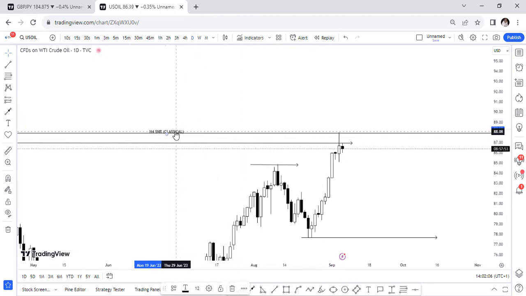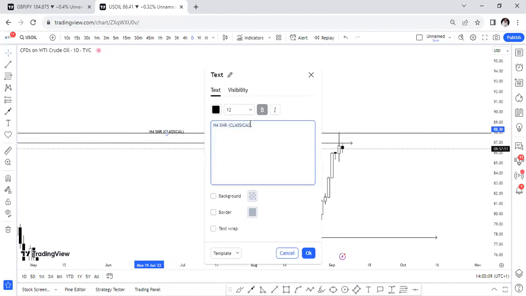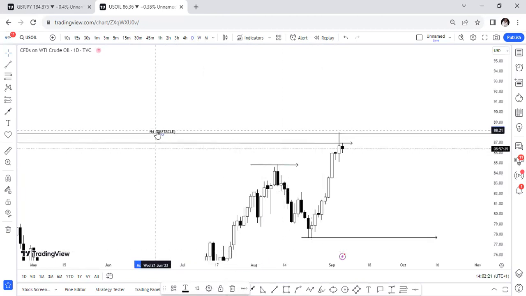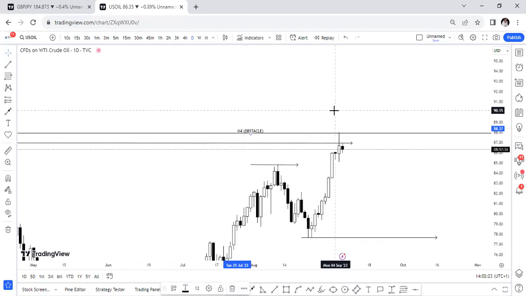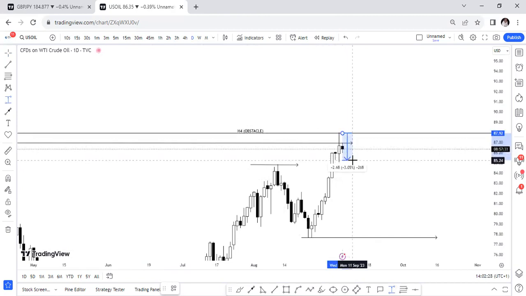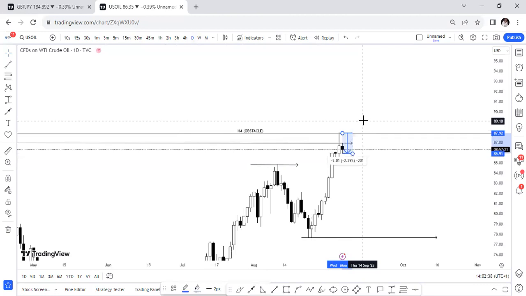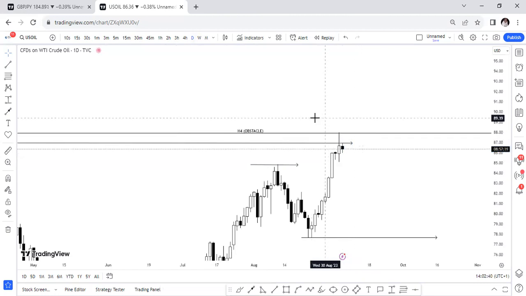Price tried reacting from there. If you measure that many points, it has come down to almost about there, about 192 points. A 192 points reaction in one day.